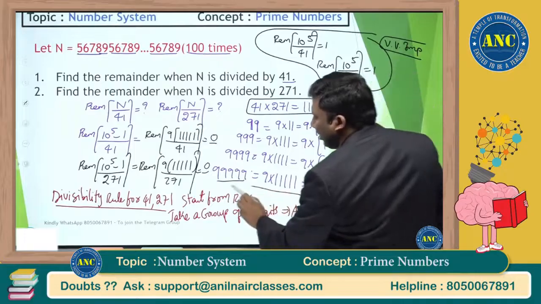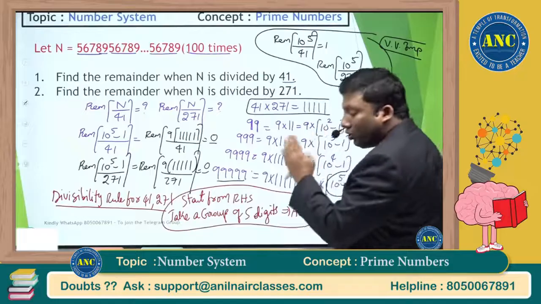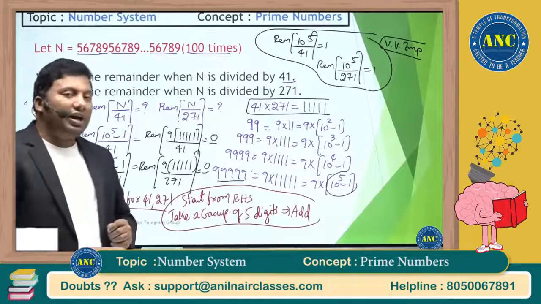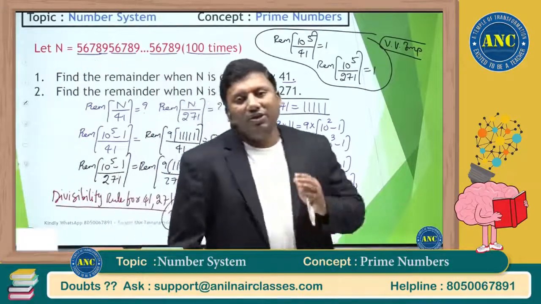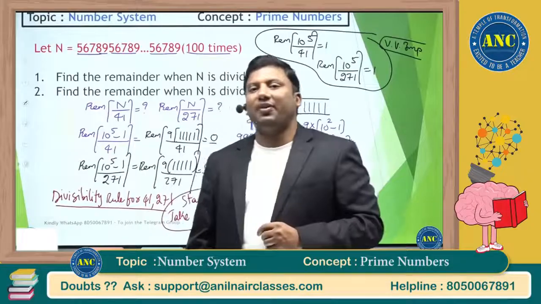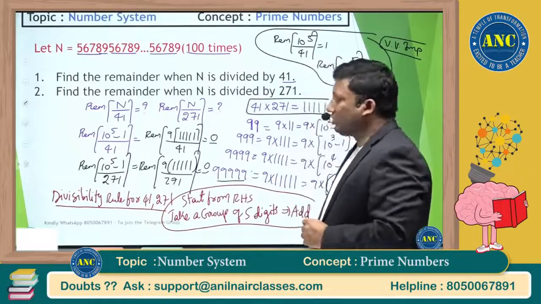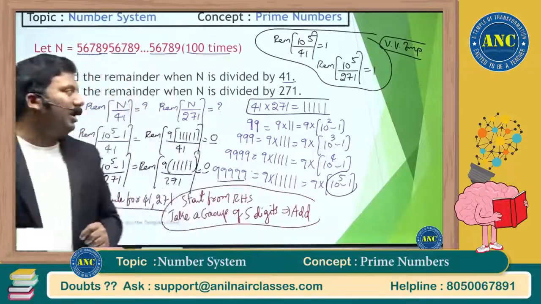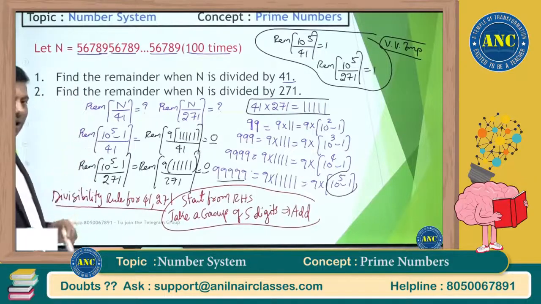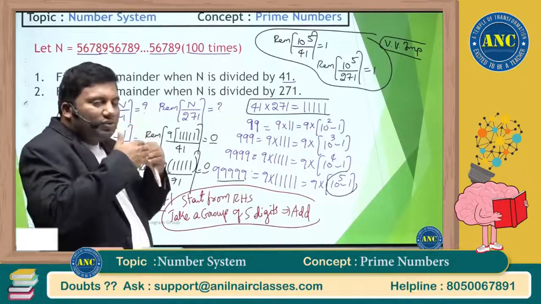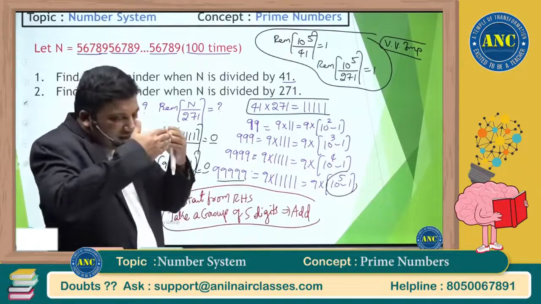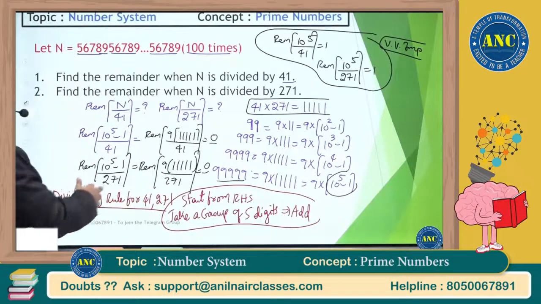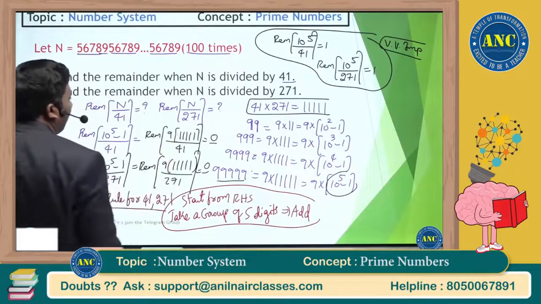Because we are taking a group of 5 digits and adding them, the question is also a 5 digit number written 100 times. This concept you will probably not find in any regular textbook. 41 into 271 is 1 written 5 times, so 10 power 5 minus 1 is 9 into 1 written 5 times.